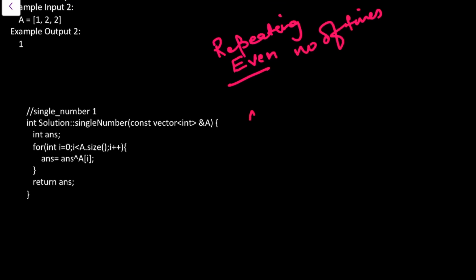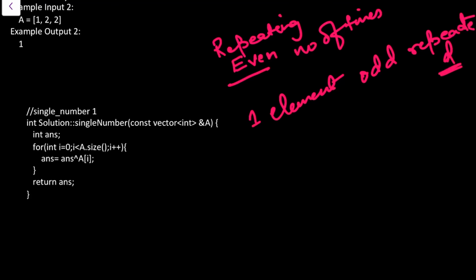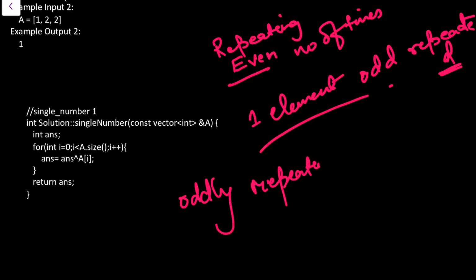There's just one element repeated an odd number of times. I know the English is wrong, but for your understanding, I'm giving it in a simpler way. And so what is that oddly repeating element, right?